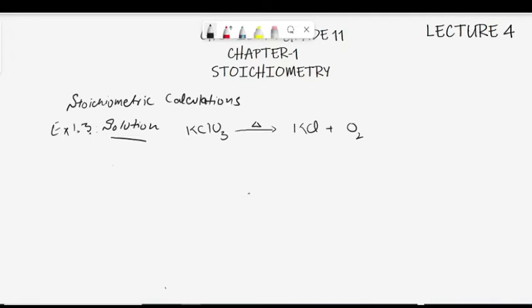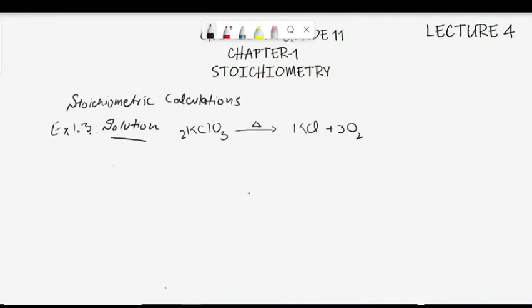Because we have three oxygens here and only two oxygens here, the only thing that can balance it is to multiply this with 2 and this with 3, that makes it 6 oxygens on the left and right hand side. But then it unbalances the potassium and chlorine atoms.